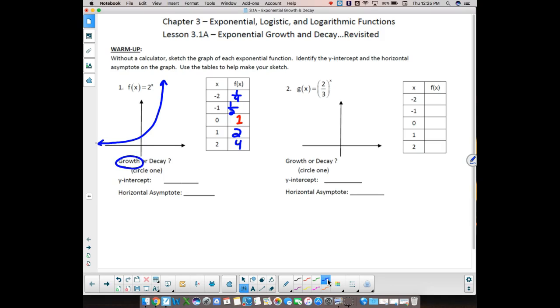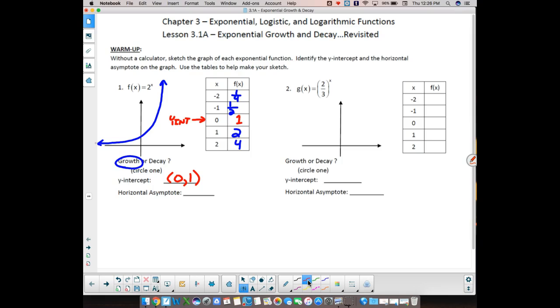What is the y-intercept of this function? (0, 1) is my y-intercept, where x is 0.